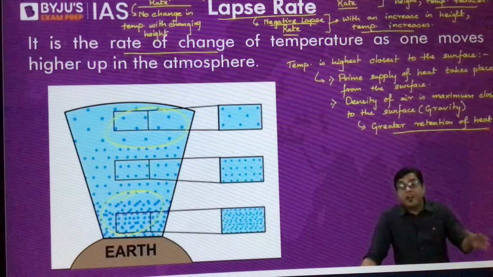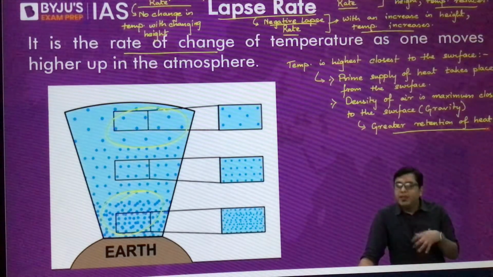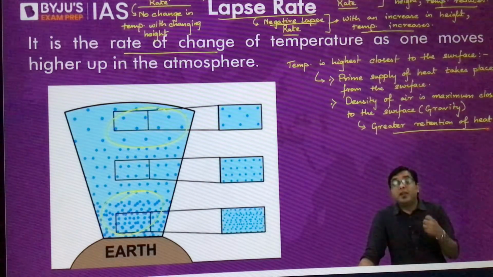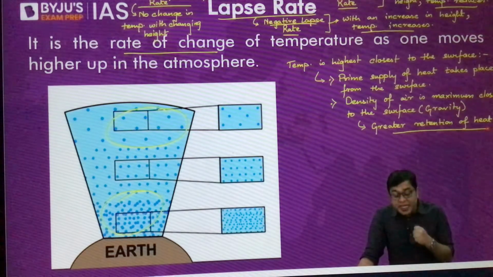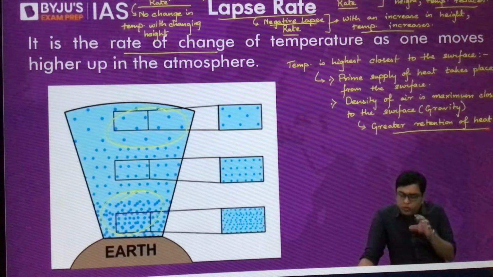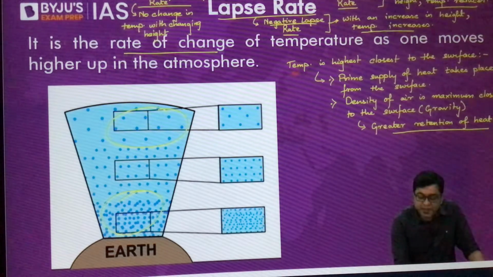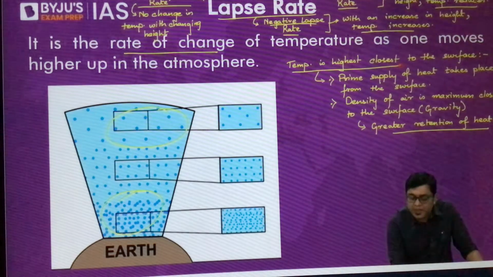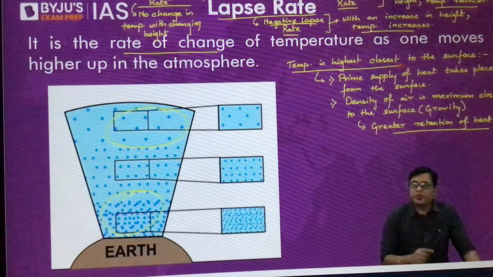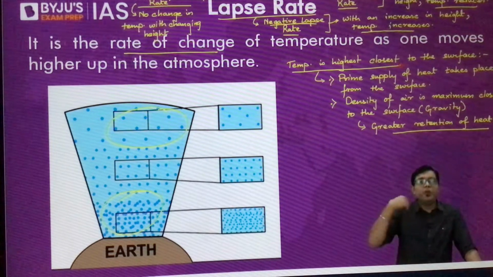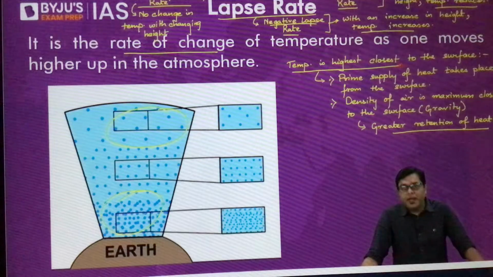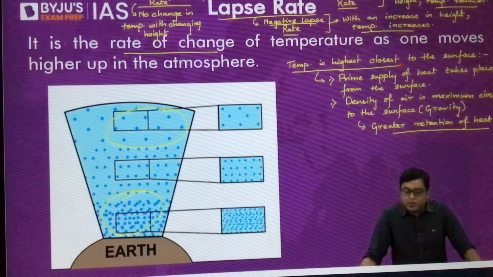If you have more particles in a region, there will always be a greater retention of heat. So due to both these factors, the temperature is always going to be highest closest to the surface and will keep on reducing as you move higher up. That is the factor of lapse rate that you generally come across.